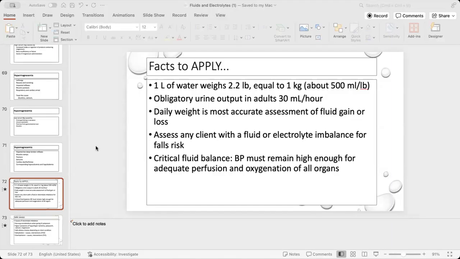All right, a nurse is caring for a client experiencing hyponatremia. Which assessment finding will alert the nurse to a worsening of the client's condition? C. C is correct, right? Lethargy and decreased level of consciousness. Seizure, coma, death.